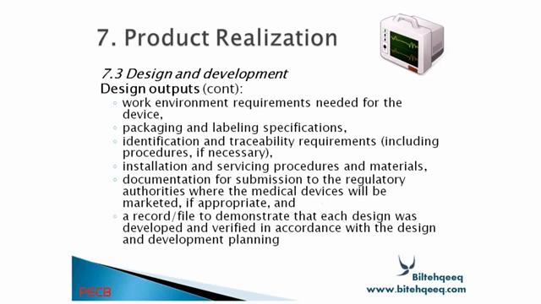Design output also includes work environment requirements needed for the device, packing and labeling specification, identification and traceability requirements including procedure if necessary, installation and servicing procedures, and material needed for documentation for submissions to the regulatory authorities where the medical devices will be sold, if appropriate.